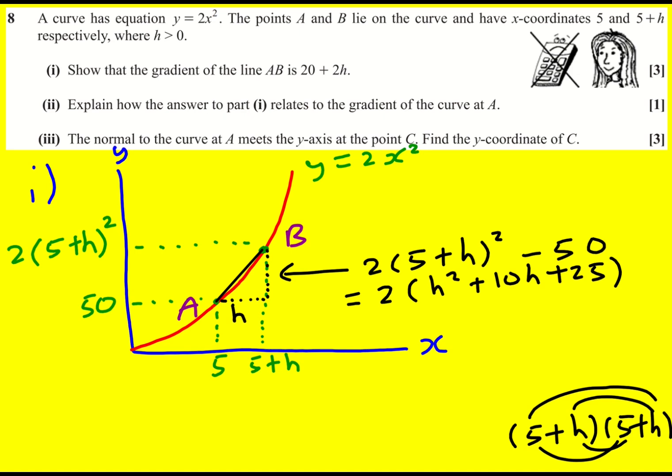Hope you can see where that's come from. I still need to minus the 50. And then that's going to give me 2h squared plus 20h plus 50 minus 50, and these cancel.